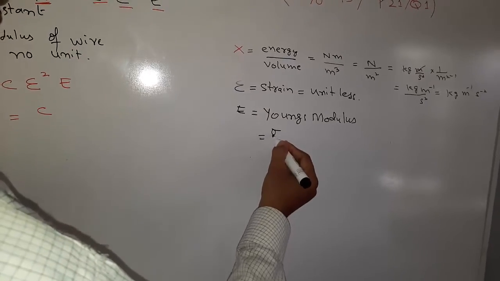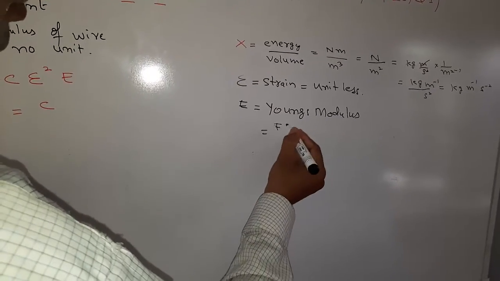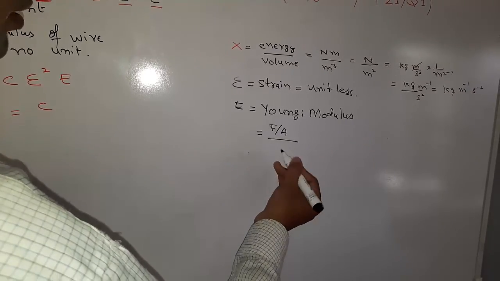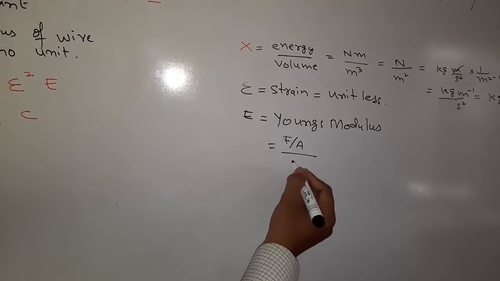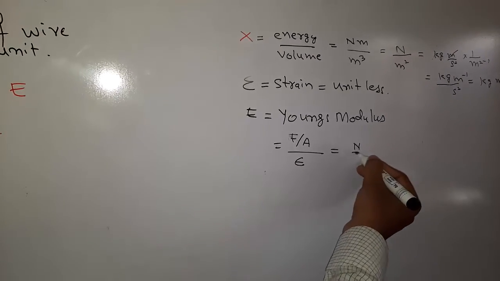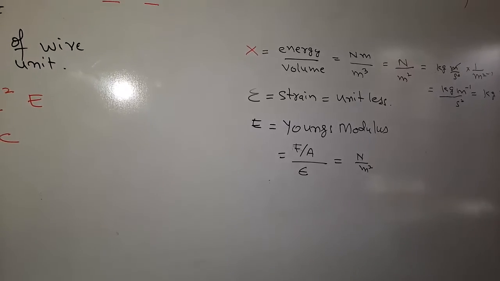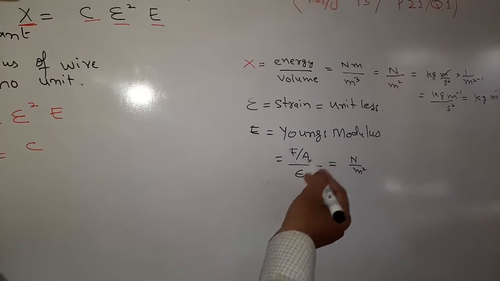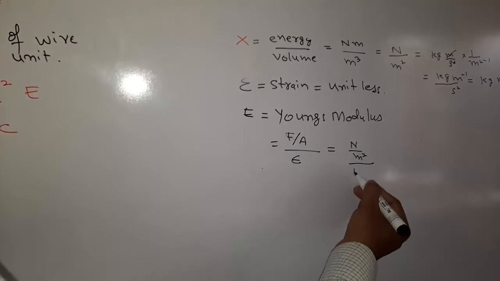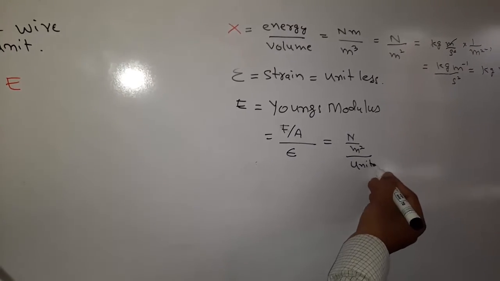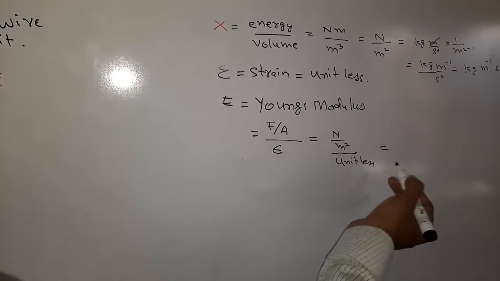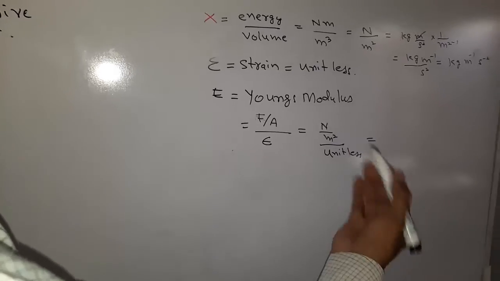Stress is basically F over A, the internal resistive force exerted per unit area. Strain is again unitless, so Newton per meter squared will be the unit for stress, meaning F over A, while strain has no unit. So we can only focus on this Newton per meter squared because we are dealing with base units.